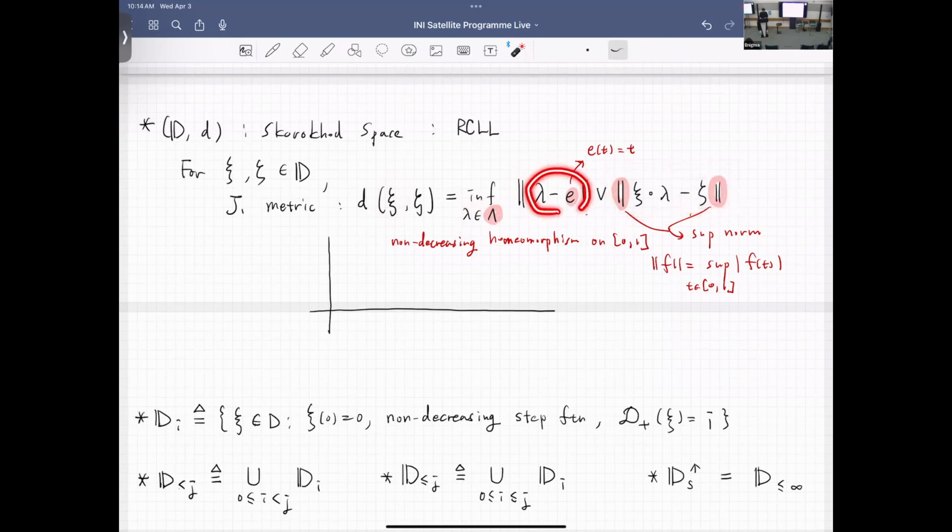But you cannot deform the time too much, because then this will be large. So you want to keep both the deformation and the distance after deformation small. What this allows is to consider, for example, this is one path, let's say one function, and this is another function.